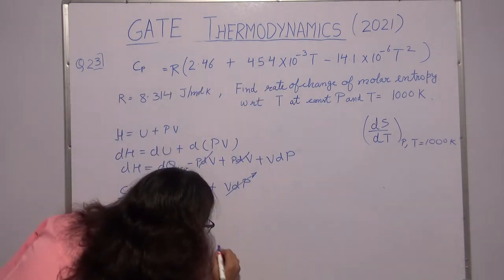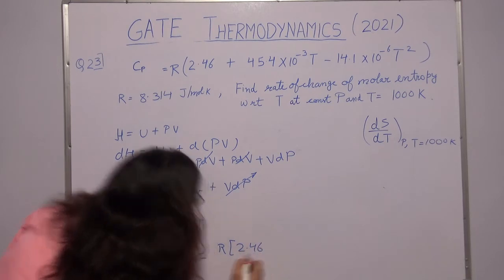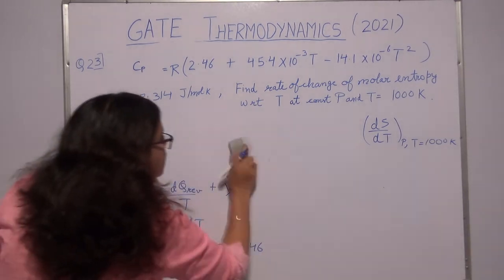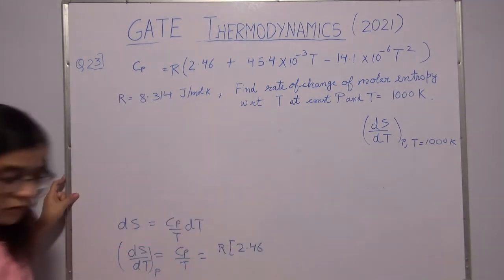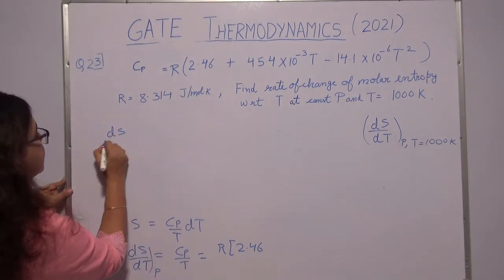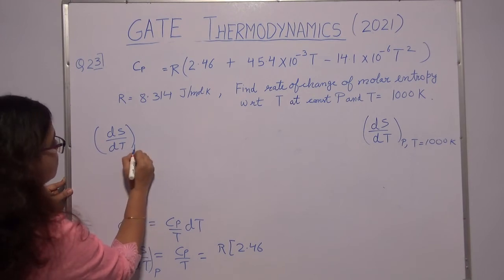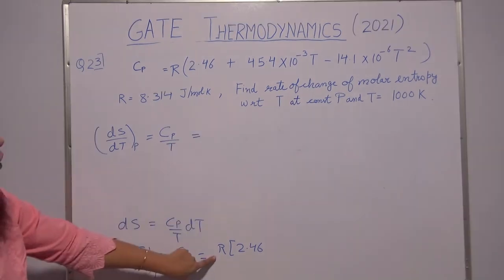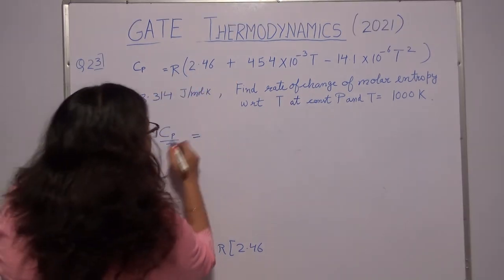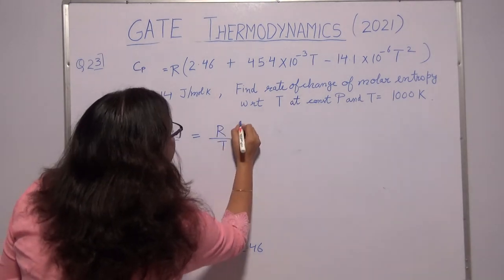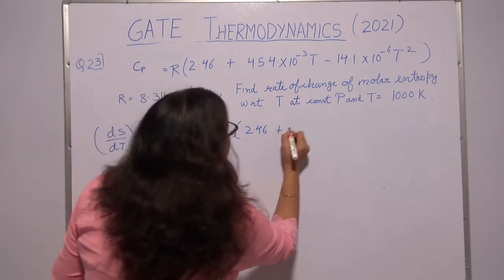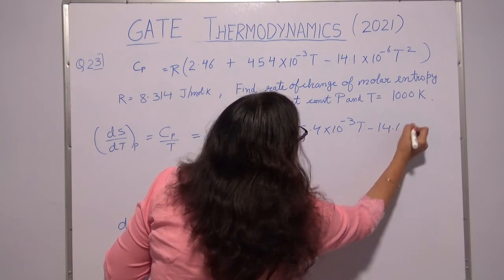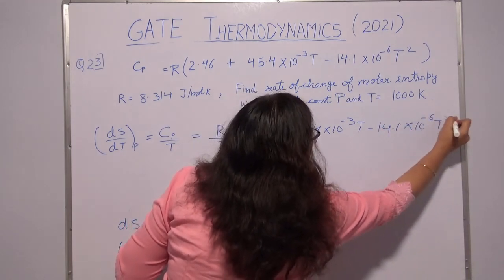So R times 2.46, let me write it a little above so that you can see clearly. ds by dT at constant P is equal to Cp by T, and Cp is nothing but R multiplied by this, divided by T, so R by T, times 2.46 plus 45.4 into 10 raised to minus 3 T minus 14.1 into 10 raised to minus 6 T squared.